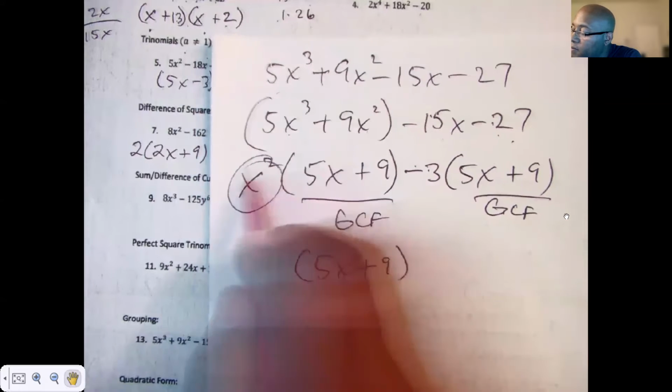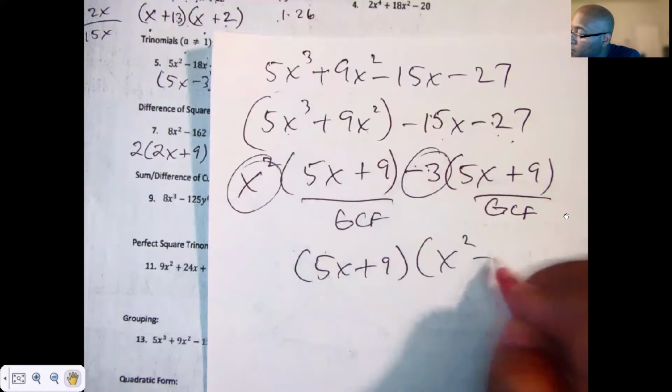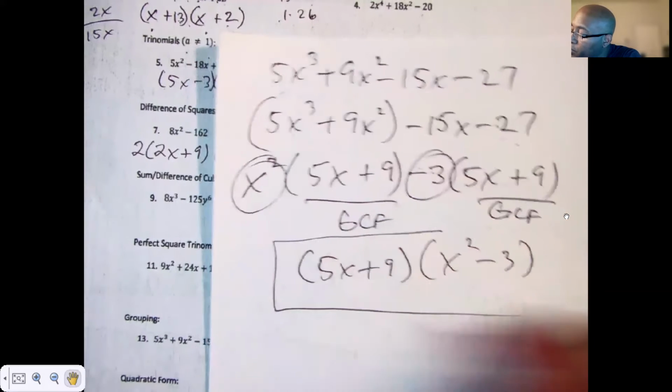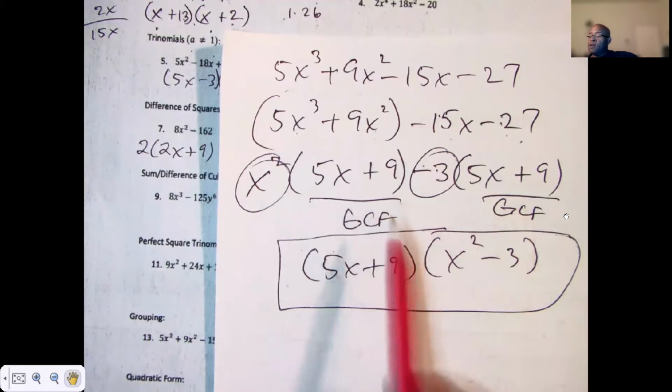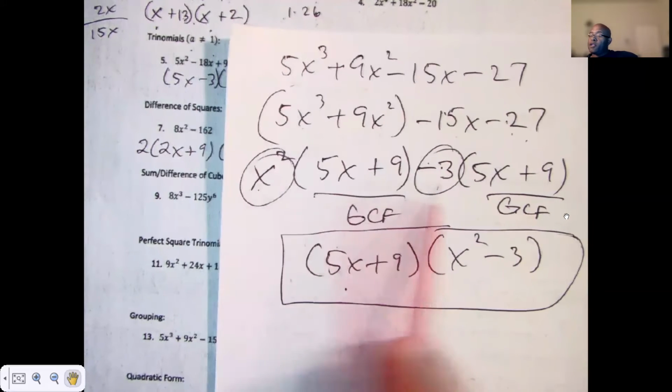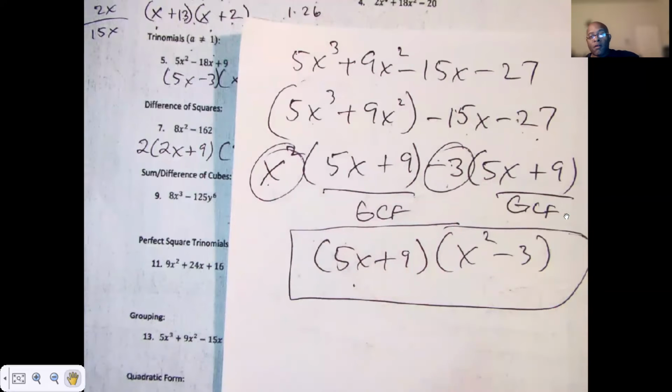What's left? That's factoring by grouping. GCF is what's common in both. You write it in front. The two terms here, put them here. All right, I'm going to stop right there.